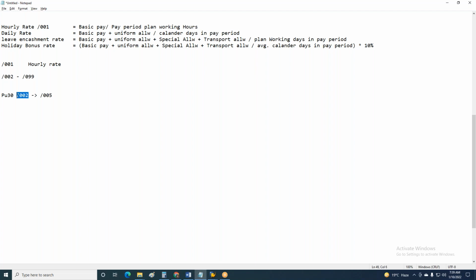Copy from this technical wage type to this technical wage type. Okay, so now I need 4 rates here, which I'm going to use for the valuation of time wage types.